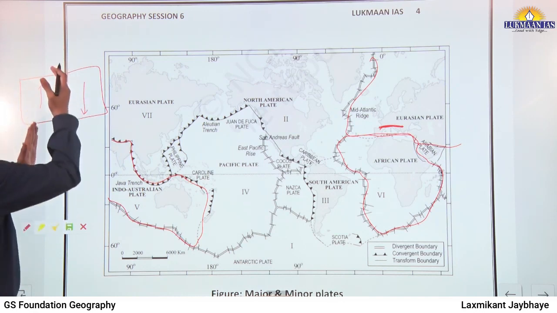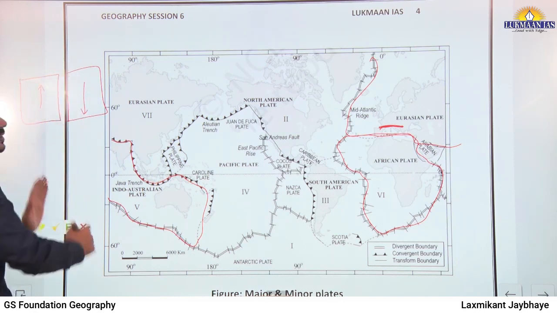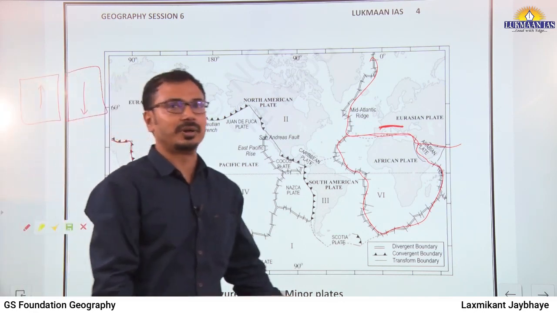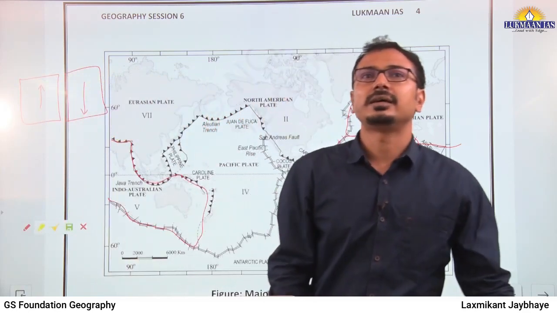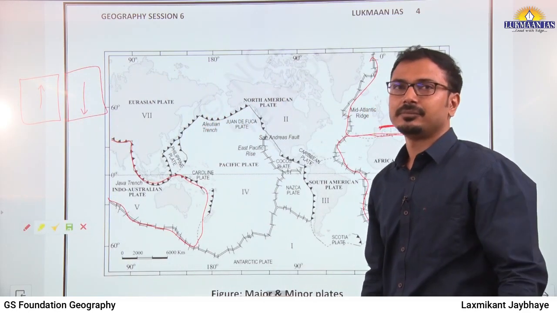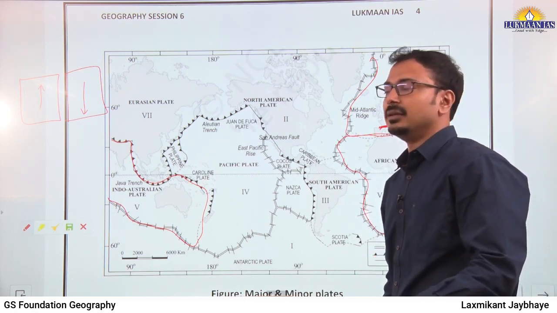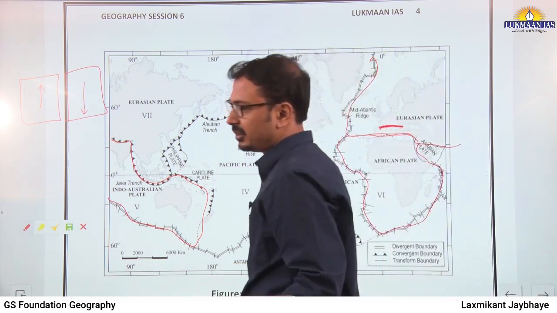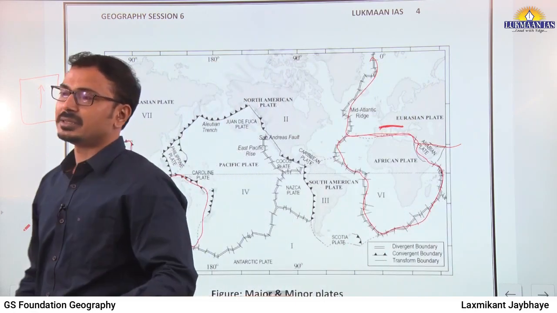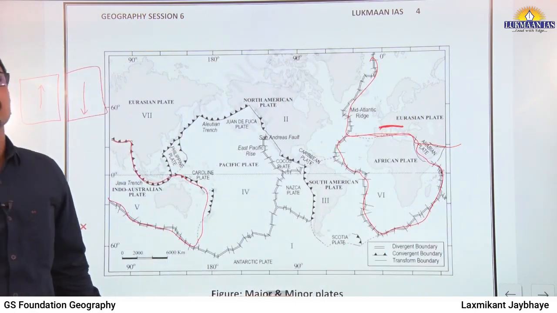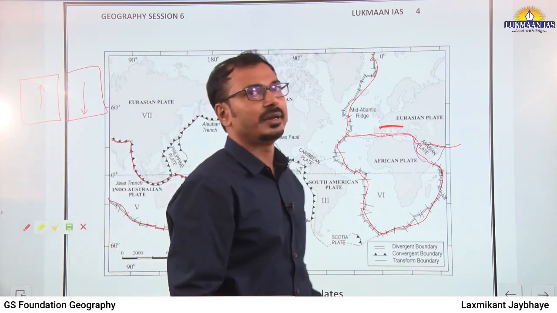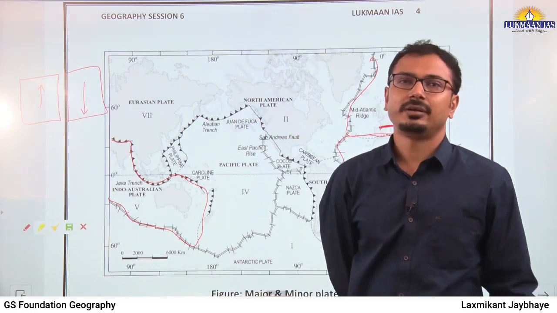That means they are sliding past each other. This is called a transform boundary. In this case, the crust is neither created nor destroyed.